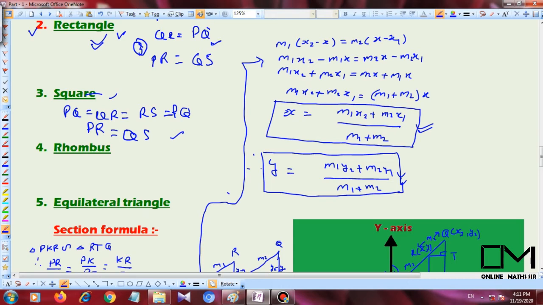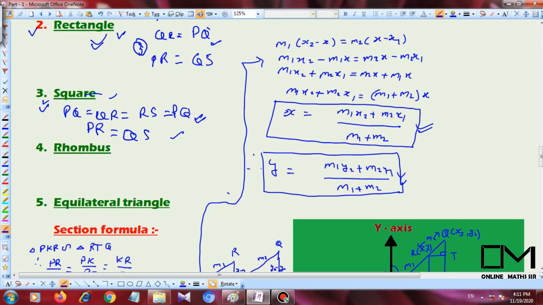Right? So the necessary condition for a square is that all the sides are equal and the diagonals are also equal. Now what is the required condition for a rhombus?